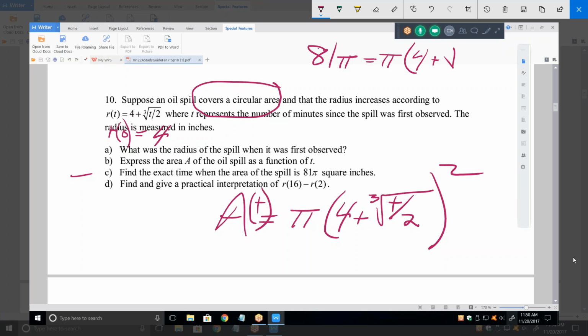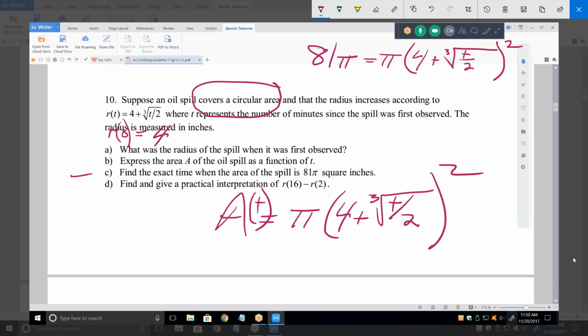In real life, and even in math, you have to allow for them to change up the units. You have to be leery of it. But it looks like everything is in inches and minutes here. In other words, the radius is measured in inches, the area is measured in square inches.